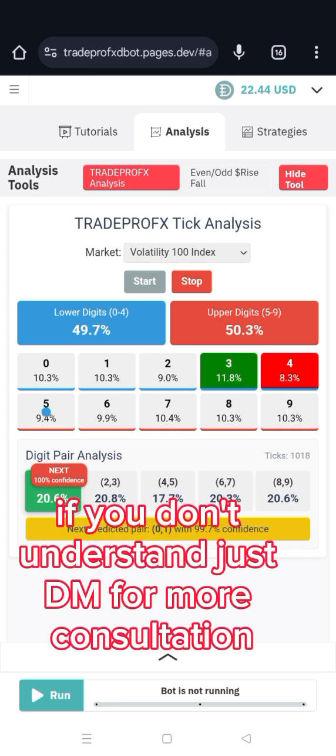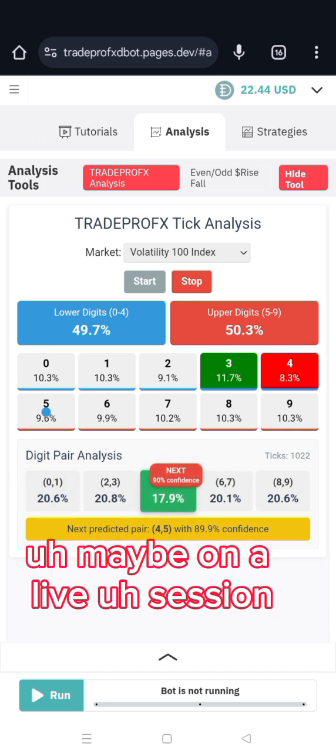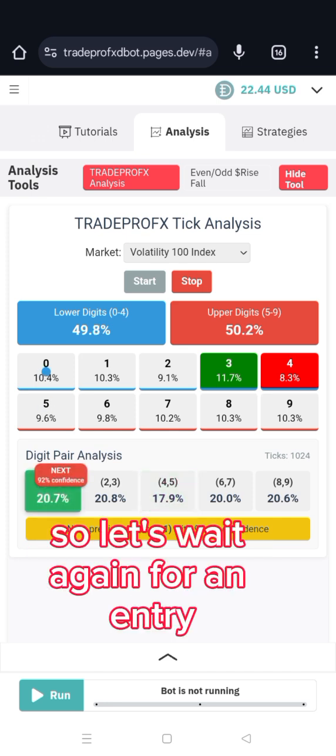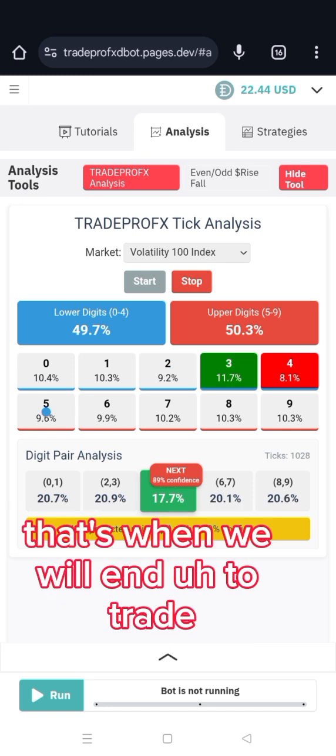If you don't understand, just DM for more consultation, and I will illustrate how to do it to you, maybe on a live session. So let's wait again for an entry. We are near to reaching our target profit, which is 3.3. That's when we will end the trade.